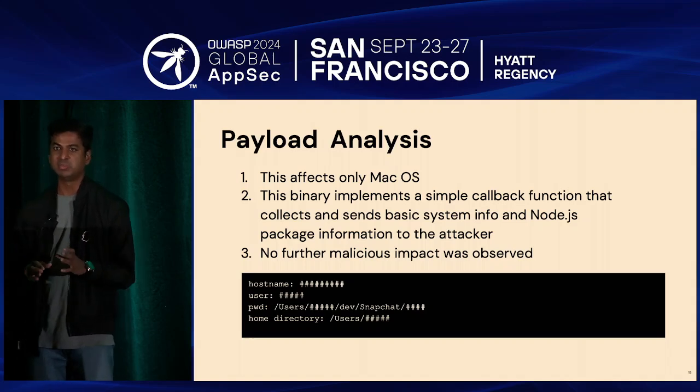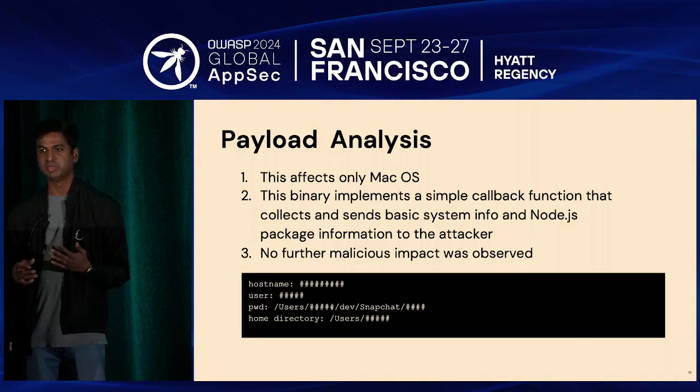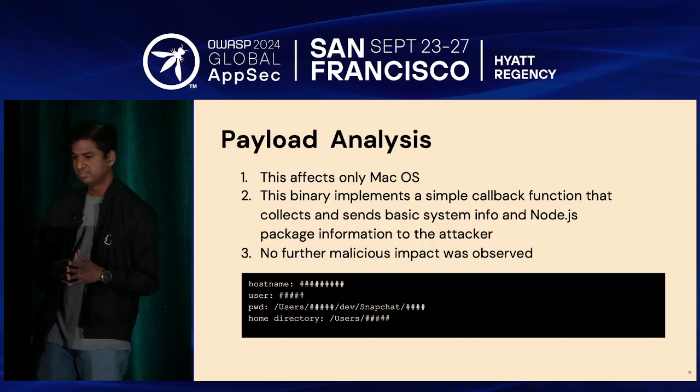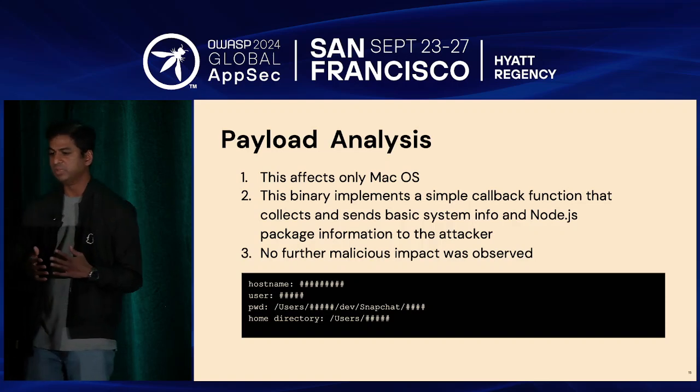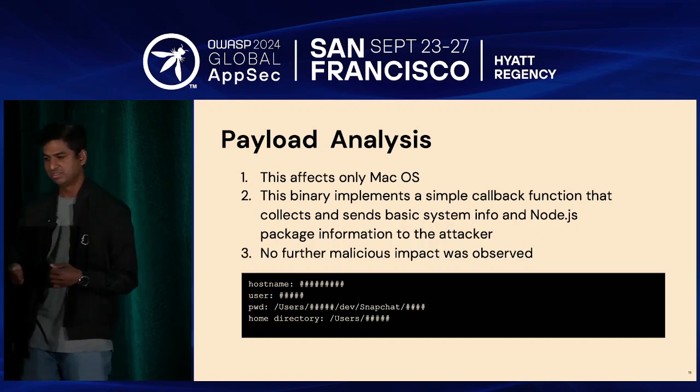Also, the binary that was downloaded was not intentionally malicious. It was more of a proof of concept binary created by a security researcher to collect basic information about the execution environment, things like the present working directory and the machine name. And there was no malicious impact observed as part of running this package.